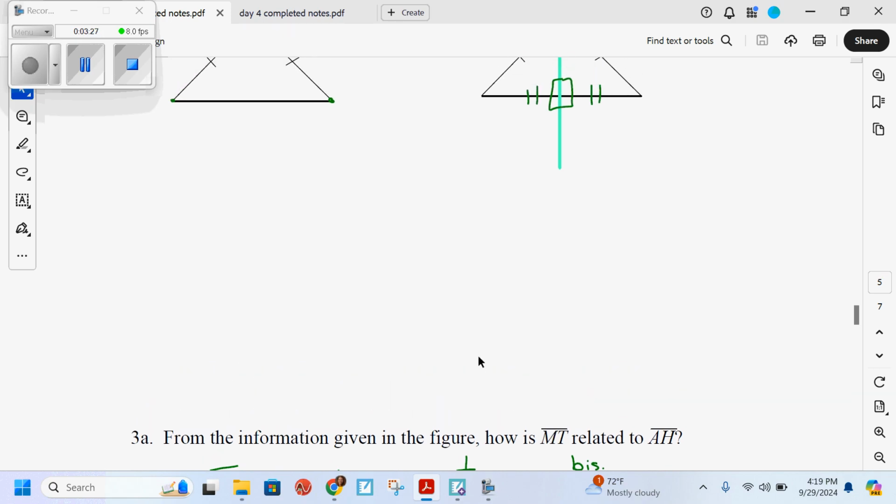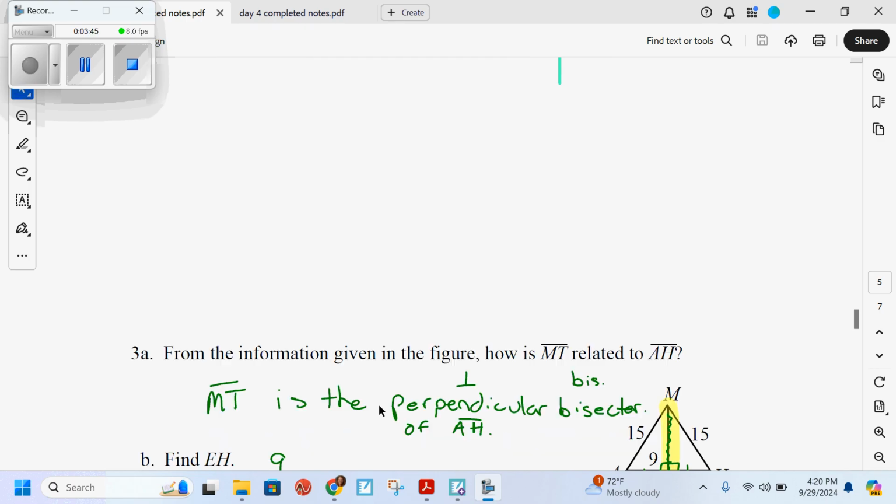So now we're going to go through a couple problems about the perpendicular bisector theorem. So 3A says, from the information given in the figure, how is MT related to AH? So hopefully you noticed that MT is the perpendicular bisector of AH.